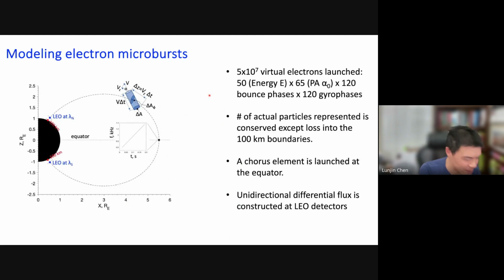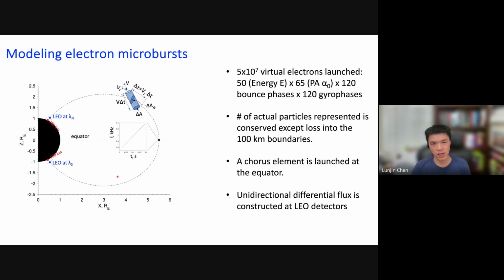Okay, moving fast. Of course, we're not interested in the individual particles. We want to simulate the behavior of electron flux, the entire electron population within this field line.